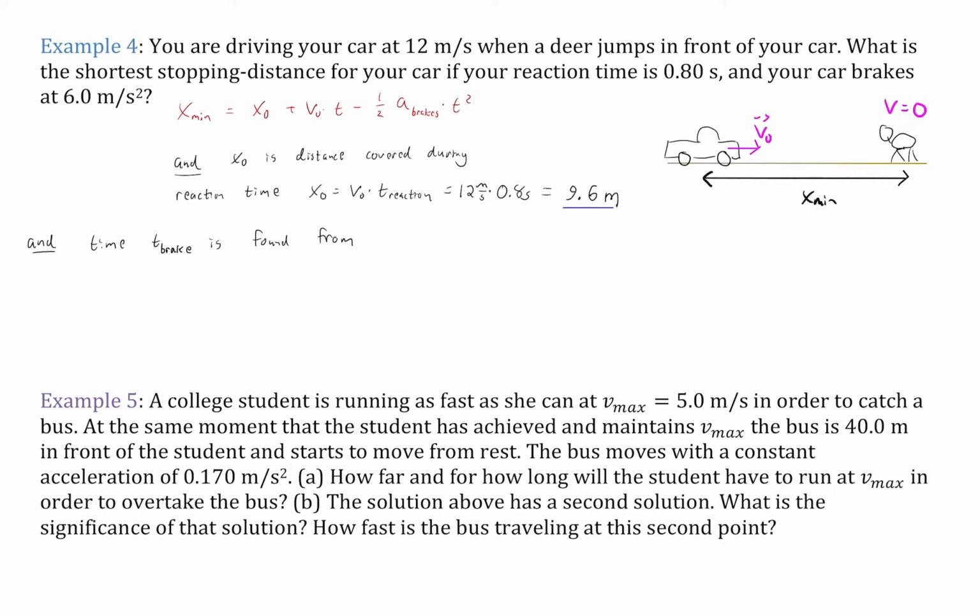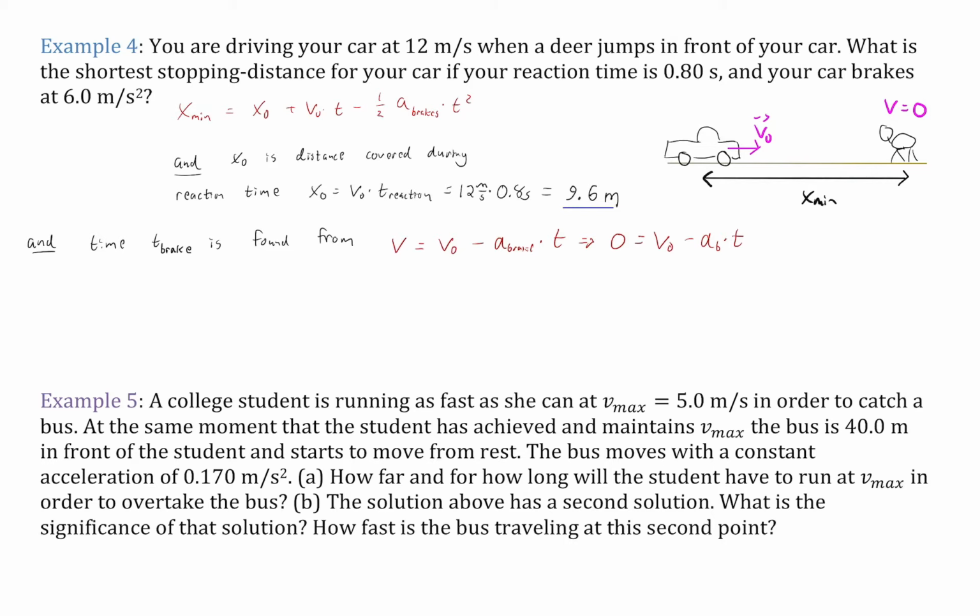All right, so now we find the braking time from this equation here, because we don't know t, right? We're trying to solve for x min, but we can't solve an equation with two unknowns. But we can find t from kinematic equation 1. See how we have to fit the kinematic equations together? Think about what our unknowns are and how we find them.